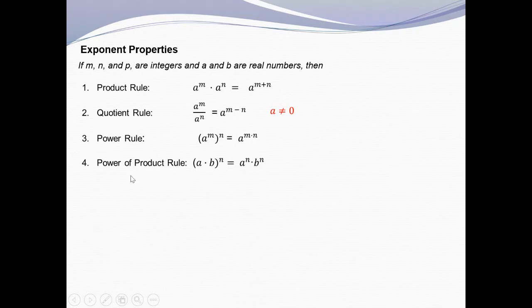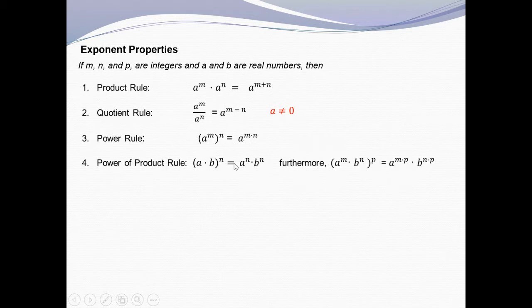This is called the power of product rule. Here is a combination of rule 1 and rule 3. If you have (ab)^n, then it's going to be a^n times b^n. Furthermore, the power of a and b is 1, but it's not written, though we know it's 1.